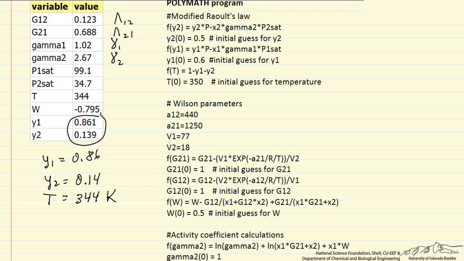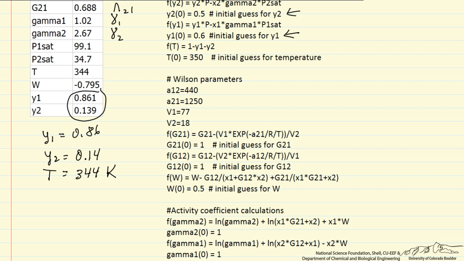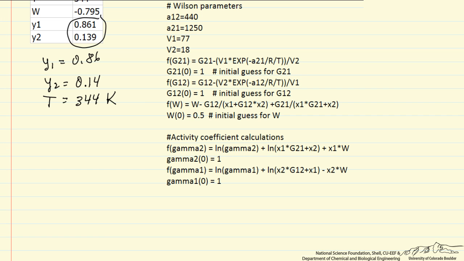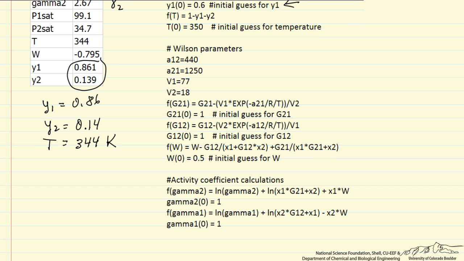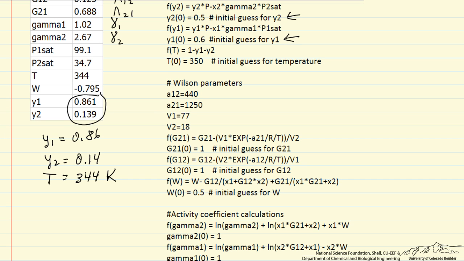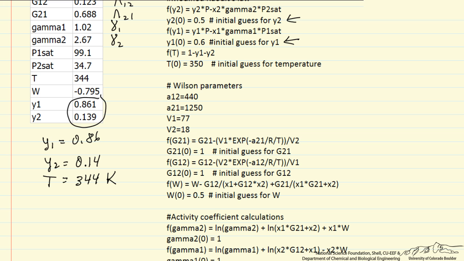And then the program sets these functions equal to 0 and finds the appropriate parameters. And in the program, you need to make initial guesses of the values to make the Polymath program work. But you can see here are all the commands in the Polymath program to determine now the equilibrium temperature and the mole fraction using the Wilson equation.